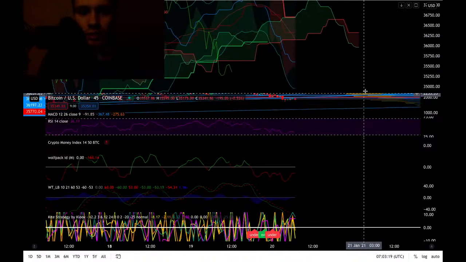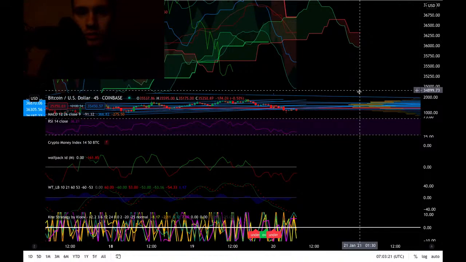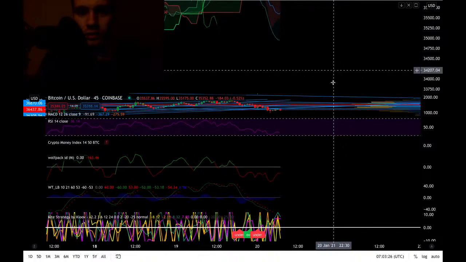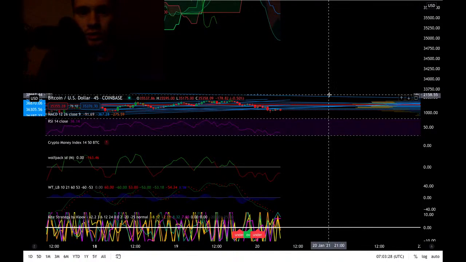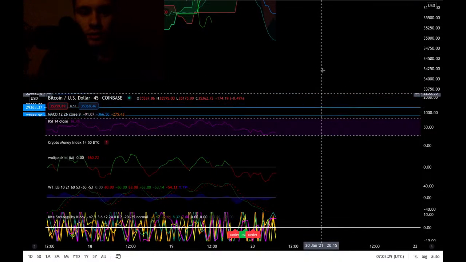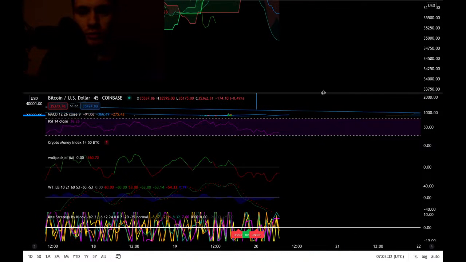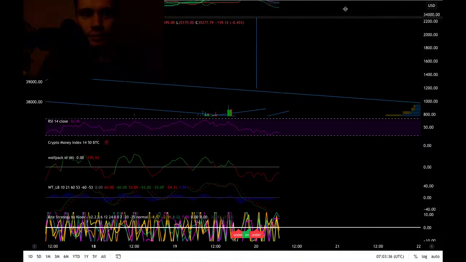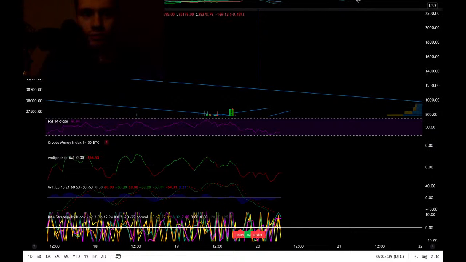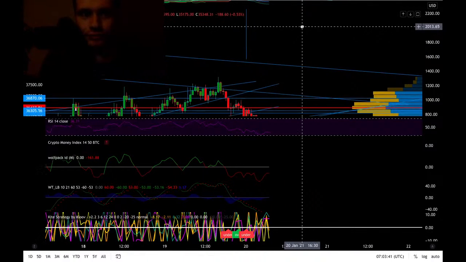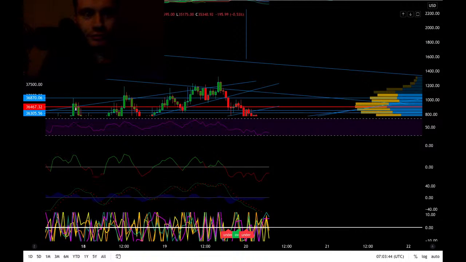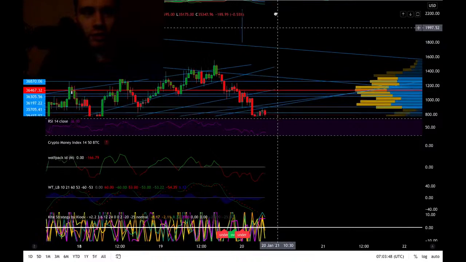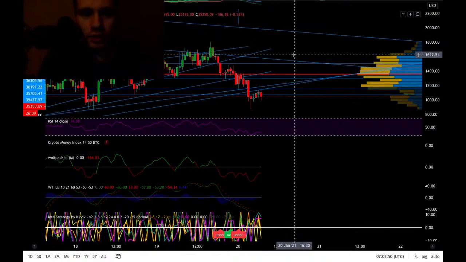Is my computer glitching? Jeez. Jeez, TradingView, what are you doing? Do I have like two different... I don't know. I only have two indicators on here? I don't understand.